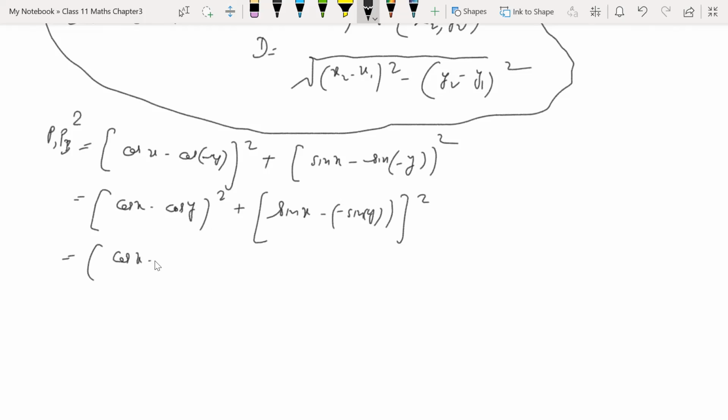So we get (cos x minus cos y) whole square plus (sin x plus sin y) whole square.